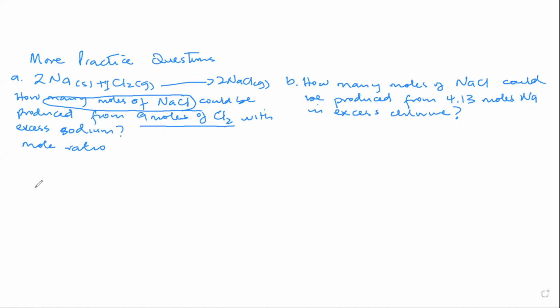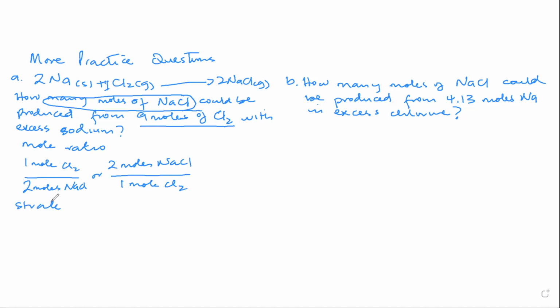We have 1 mole of chlorine gas over 2 moles of sodium chloride, or 2 moles of sodium chloride over 1 mole of chlorine gas. So the strategy here is we are going from moles of chlorine gas to moles of sodium chloride using the mole ratio.